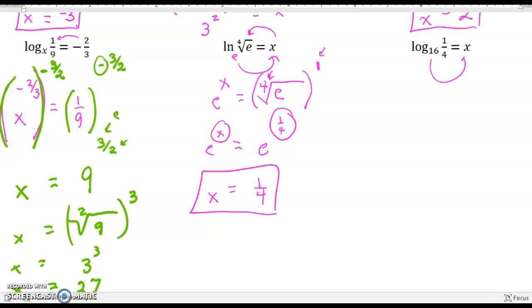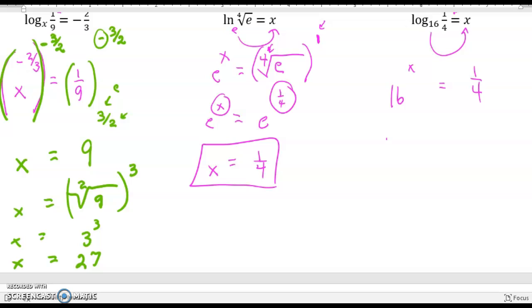Next one, 16 to some power equals 1/4. Well, I know 16 is 4 squared. So all I've done is rewritten the 16.